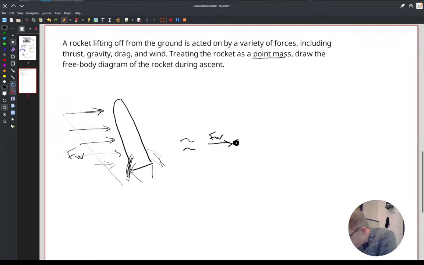So the point mass assumption is great, but the main thing you're losing is that there is no rotation, or that rotation doesn't matter. One of the two is the base assumption there.